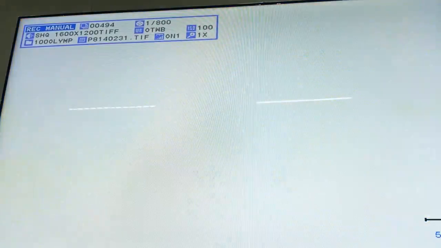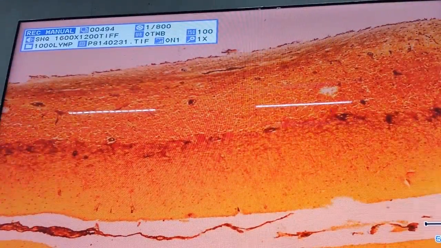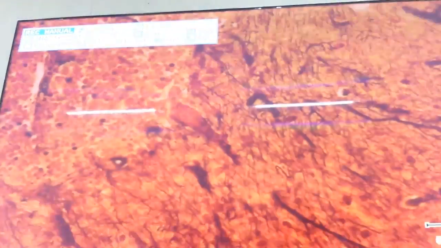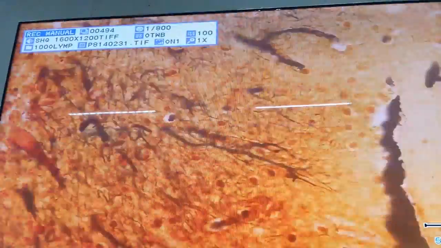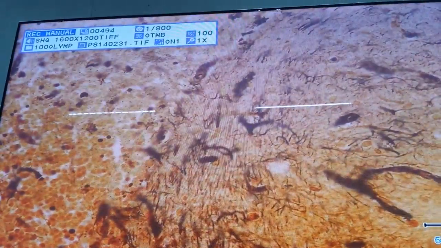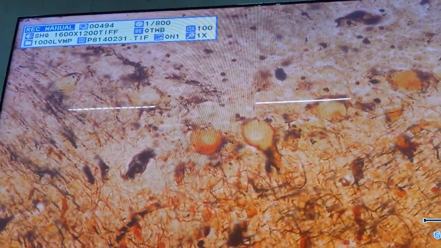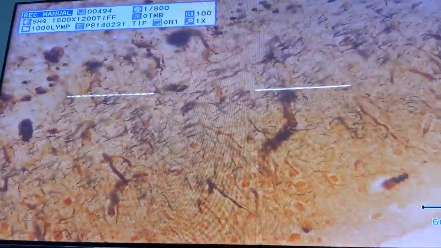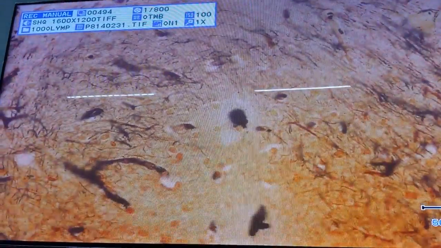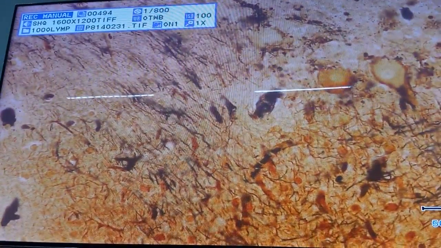There's another slide. This is the silver stain. The silver stain is used to highlight the dendritic processes as well as the Purkinje cells.